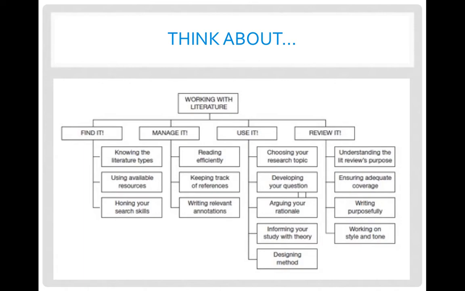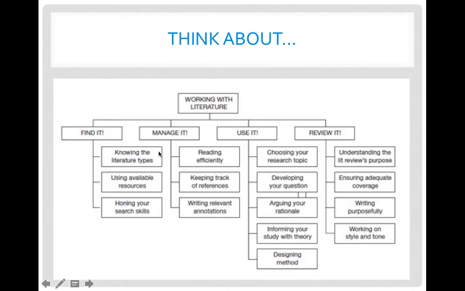So working with literature, there are many things to think about, because there are lots of activities, lots of processes. What you need to do first is to find it. If you have a topic that you like to explore, or something comes to your mind about ideas or research, something you want to search for, you need to learn how to find the literature.